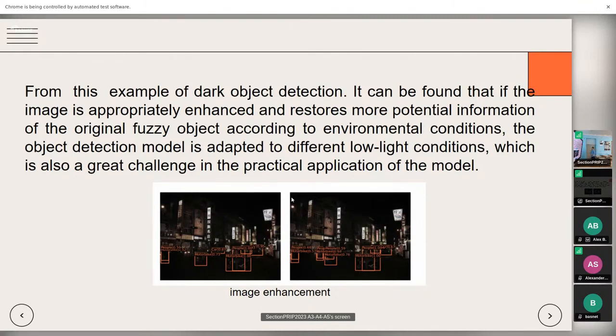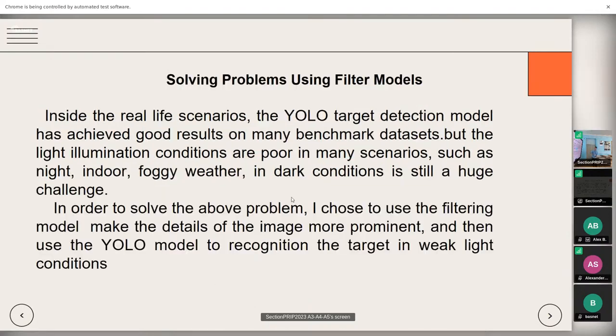This can reveal the photo information, potential information, and show more. Finally, I use enhancement. It's clear maybe because of your solving. You also solve this problem.